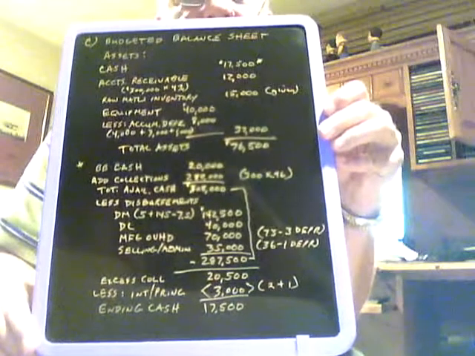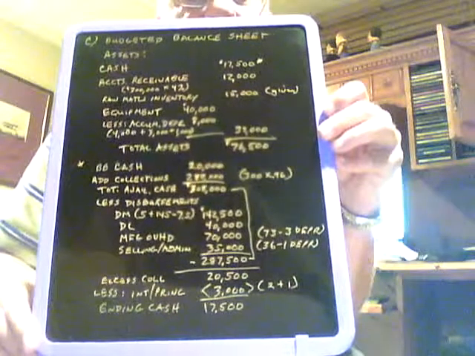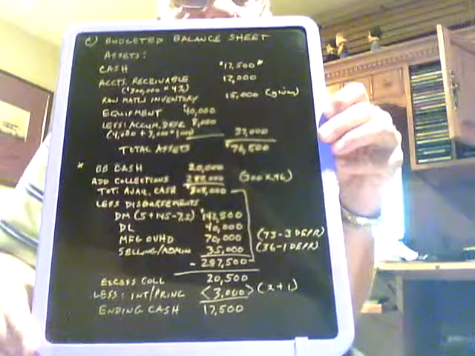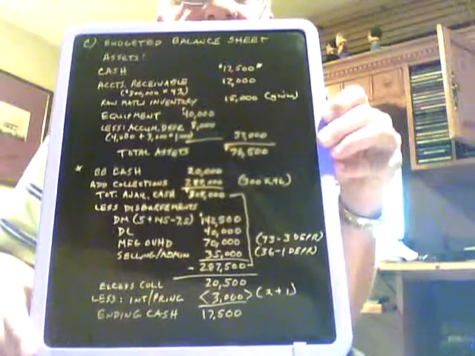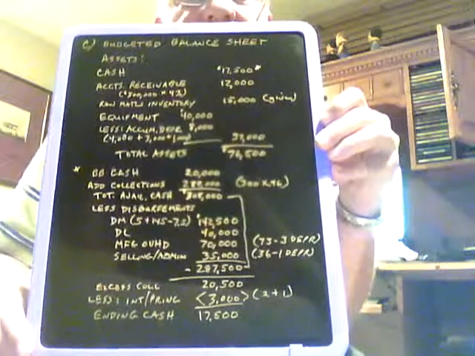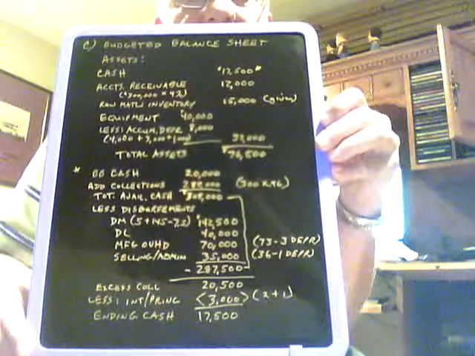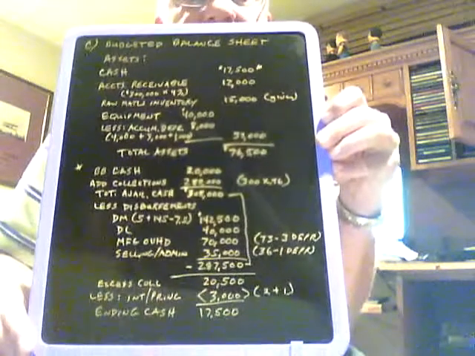Then we subtract the disbursements, and we've got, first of all, direct materials. And here it's important to remember that 50% of the beginning balance was dispersed, but 50% of it was still payable. The same with the ending inventory.